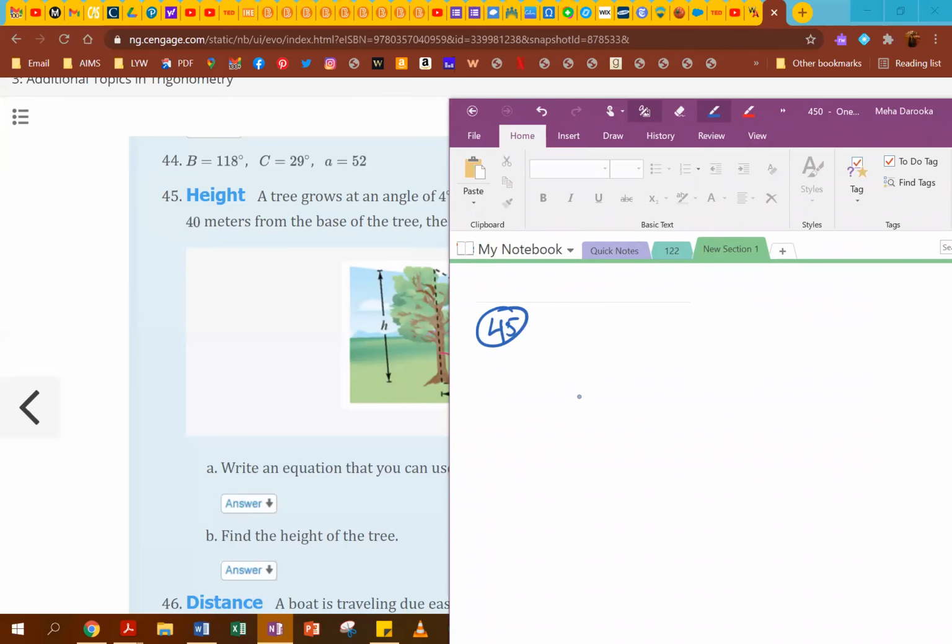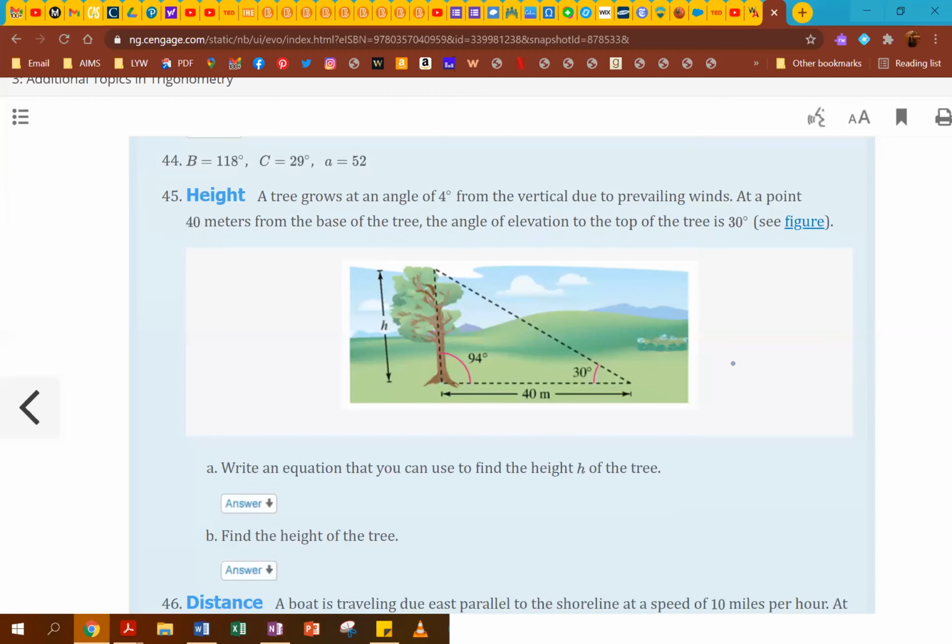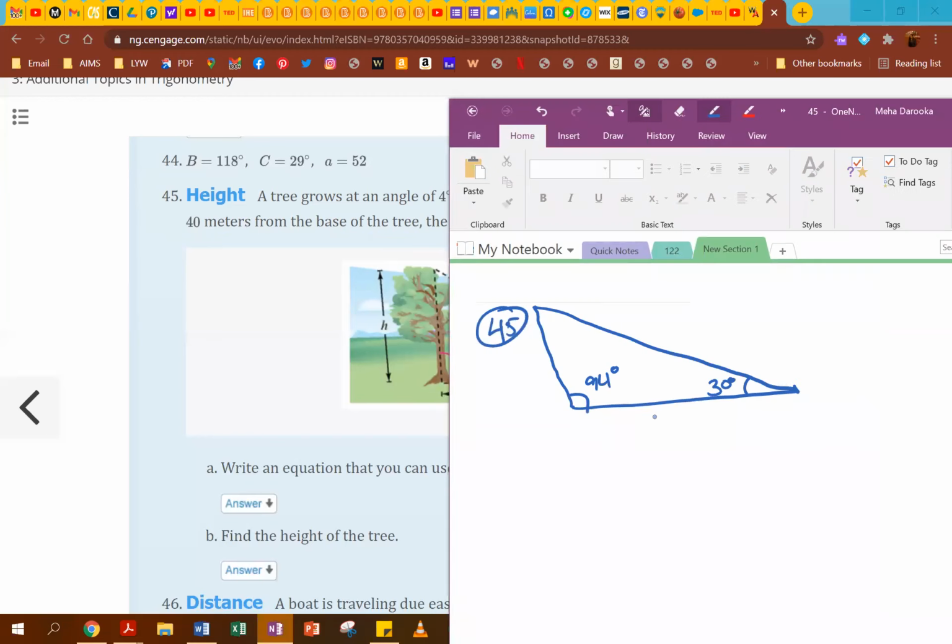Okay, so you've got 40 meters, a little bit of an angle over here, and our triangle here. So this is making 94 degrees. This guy here is 30 degrees. We've got 40 meters over here. And then we want to know what is the height of the tree, what is this side, and of course the missing angle.